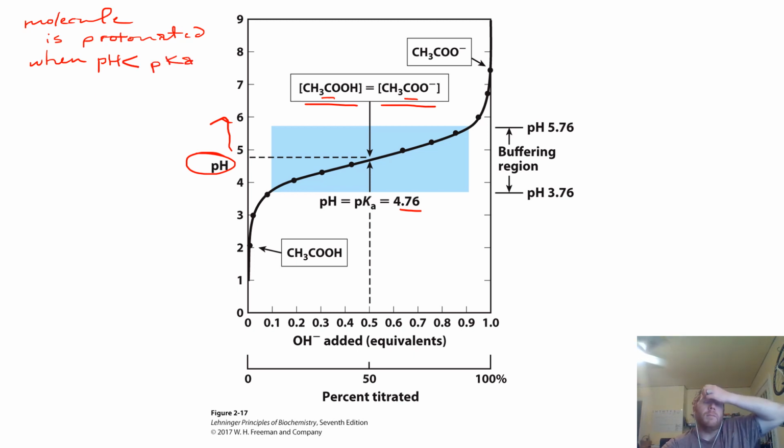What that means is we've got enough hydronium ions floating around to populate every place on a molecule that can be protonated. Our molecule is deprotonated when our pH is greater than our pKa. When our pH is equal to our pKa, we have an equal concentration of those two forms. It's good to feel good about this now, because when we get to amino acid structure, we're going to go ham on this.